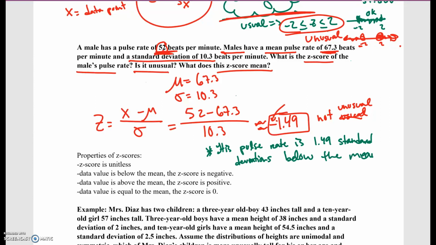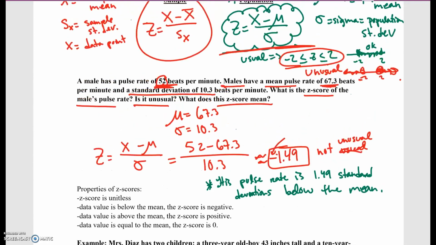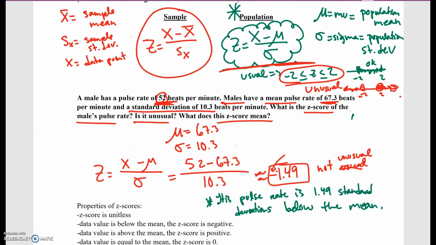That's basically what this means. Okay, so he is 1.49 standard deviations away from the mean. So basically, if I take the mean, which is 67.3, and multiply 1.49 times the standard deviation of 10.3, I'll get a number, and when I subtract it, I will get this 52, and you can try that out.